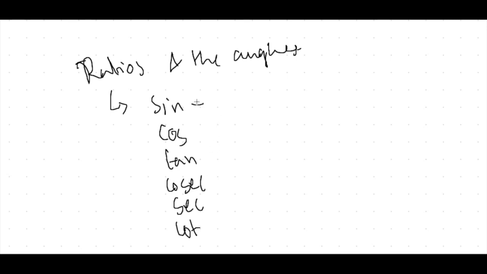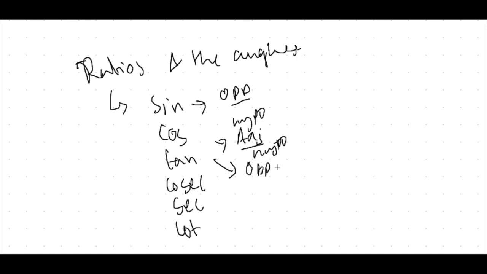So as you know, sine is opposite by hypotenuse, cos is adjacent by hypo, tan is opposite by adjacent, and the reciprocal of this is these.